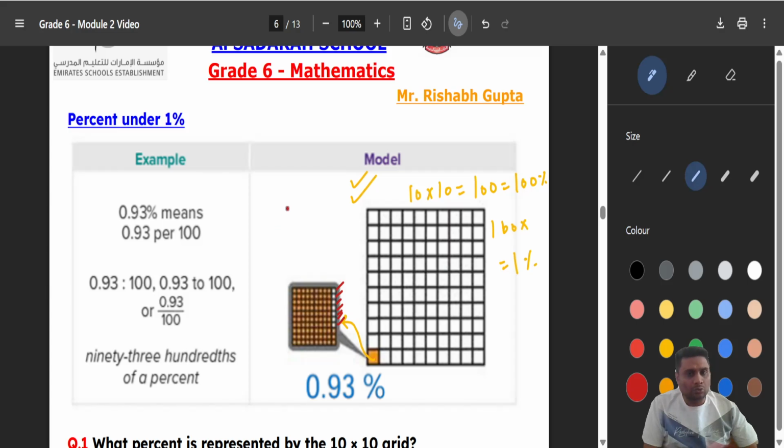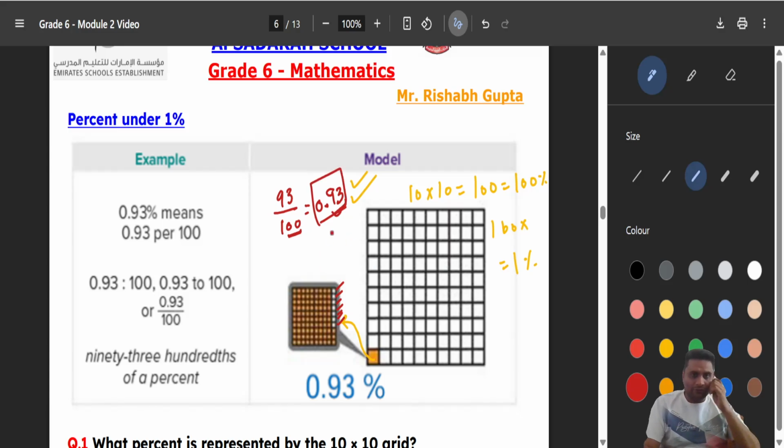So if this one box represents 100, only 93 are filled, which means check how many zeros here, 2 zeros, correct? So write the 93 and after 2 numbers put the decimal. So out of this 1%, only 0.93 is filled.